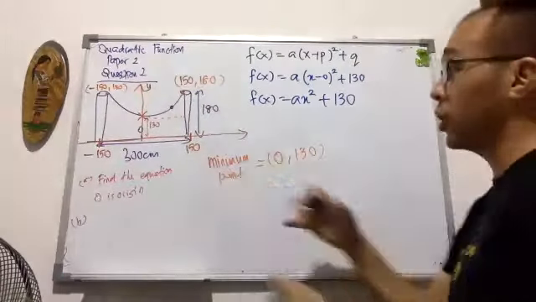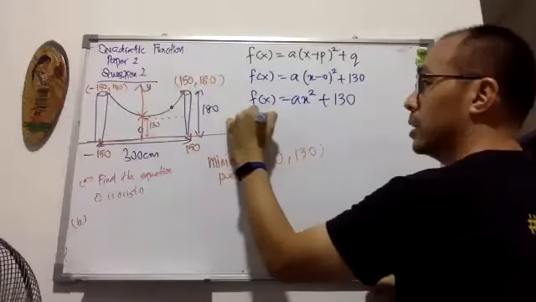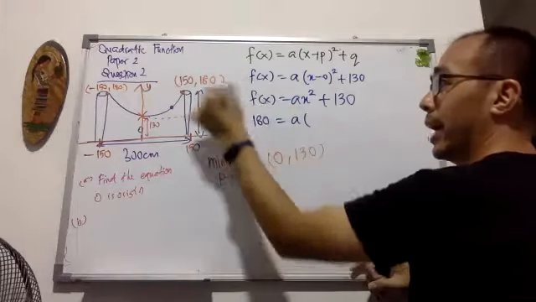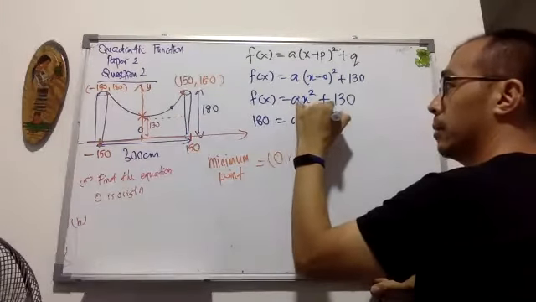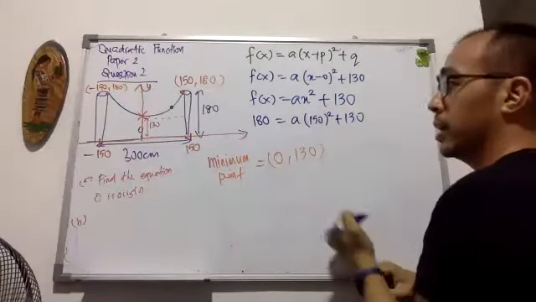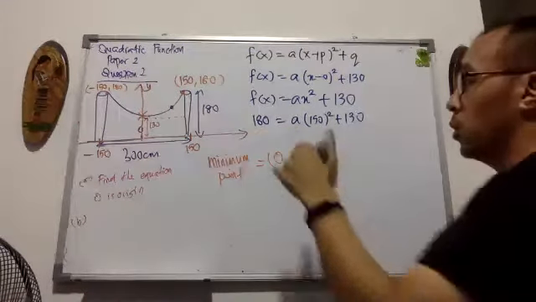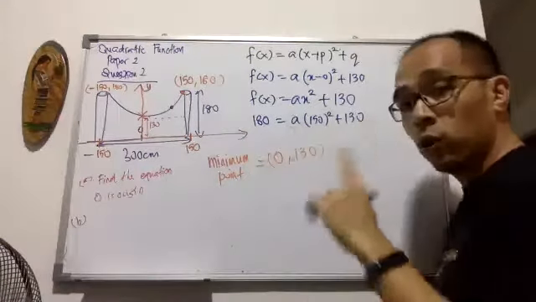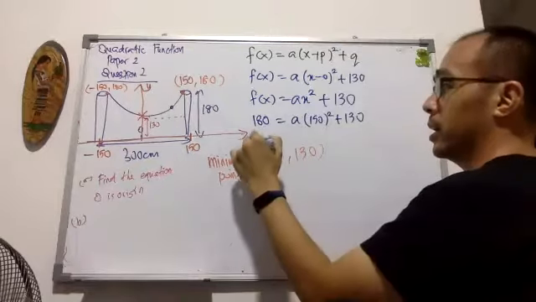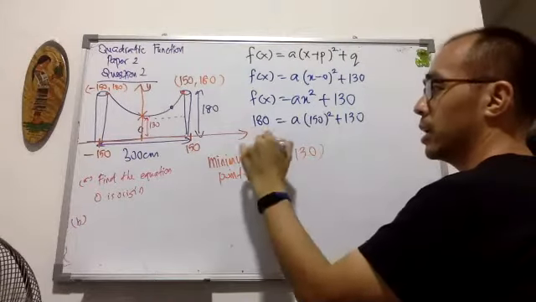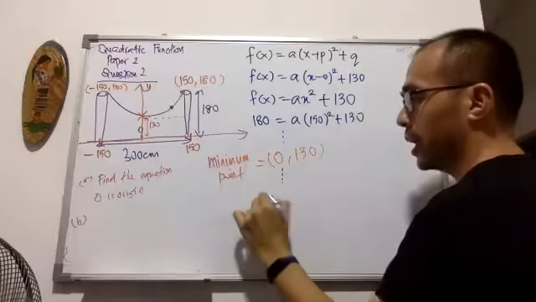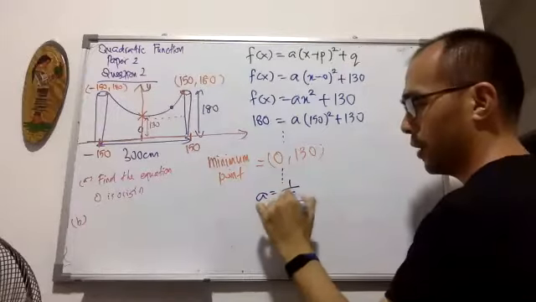I'm going to put in the coordinates. So 180 = a(150)² + 130. If you continue on to do that, you will get a = 1/450.